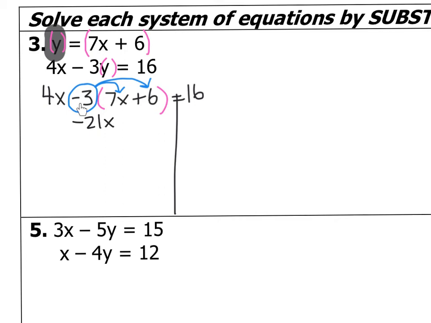Then I'm going to multiply negative 3 times positive 6, which gives me negative 18. The last thing I need to do is carry down the pieces I haven't used yet. I haven't used 4x, so I'm going to bring that down and rewrite it. And I haven't used 16, or equals 16. So I'll bring that down.